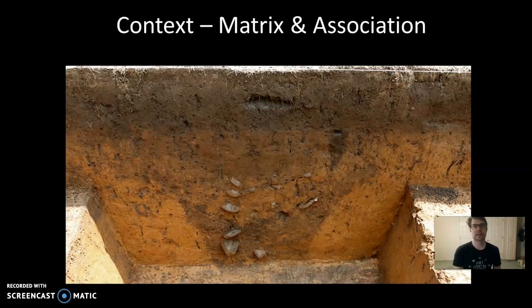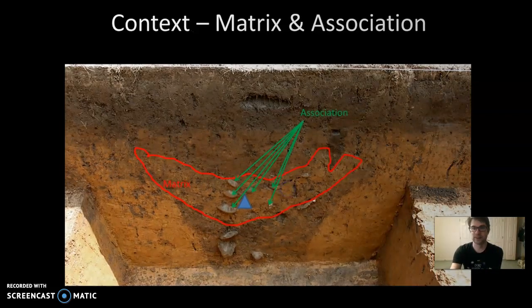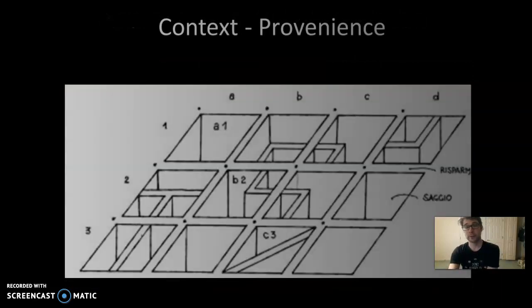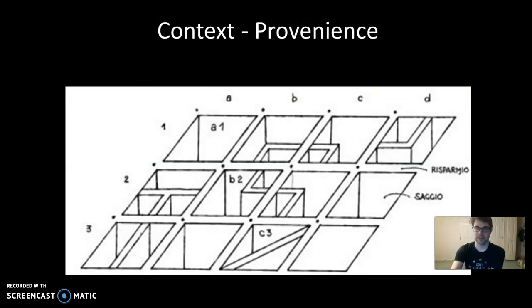So let's say you're digging down, and this is your balk, or the sidewall of your excavation, and you find an artifact, a projectile point, right here where this blue triangle is. Well, its context consists of the matrix, or the soil layer around the artifact, outlined in red here, all the other artifacts surrounding that artifact, and as for provenience, this is why we use the Wheeler-Kenyon or box grid method.